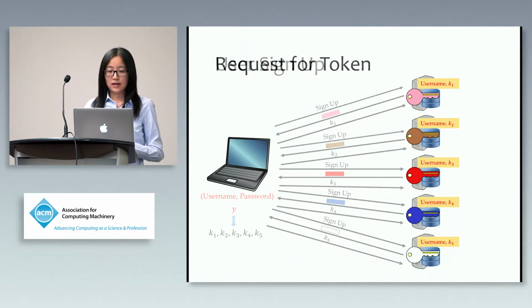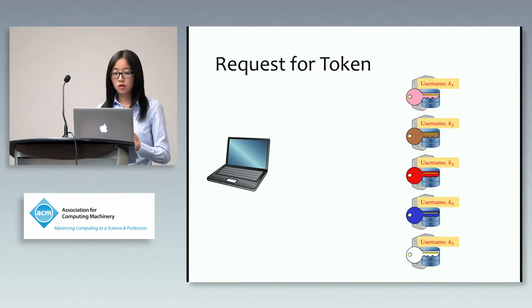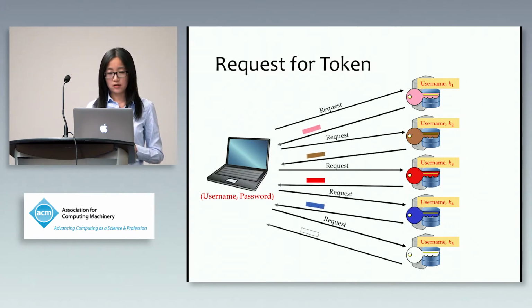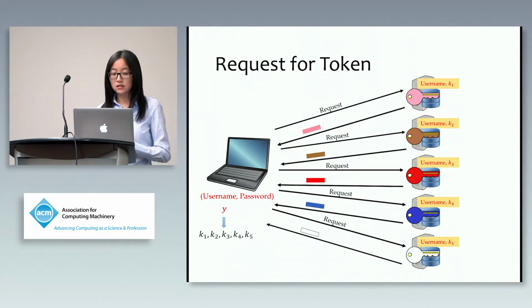And then after that, in the token request phase, the user will again use its username and password as the input to the TOPRF protocol. At the end of the protocol, it will again learn the PRF value Y and derive the same set of secret keys.